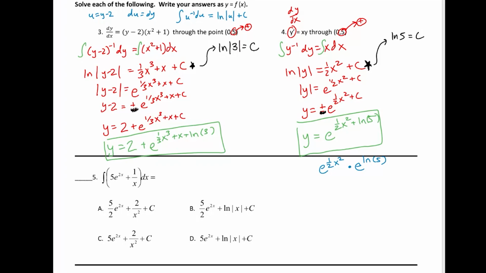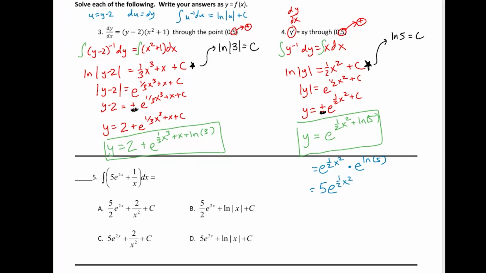And that's because whenever you multiply powers with the same base, you can add the exponents. So you could follow that property backwards: when you have a power that has a sum in the exponent, you can split that up using multiplication. And then e to the natural log of 5 is just 5. So this is going to equal 5e to the 1/2 x squared.